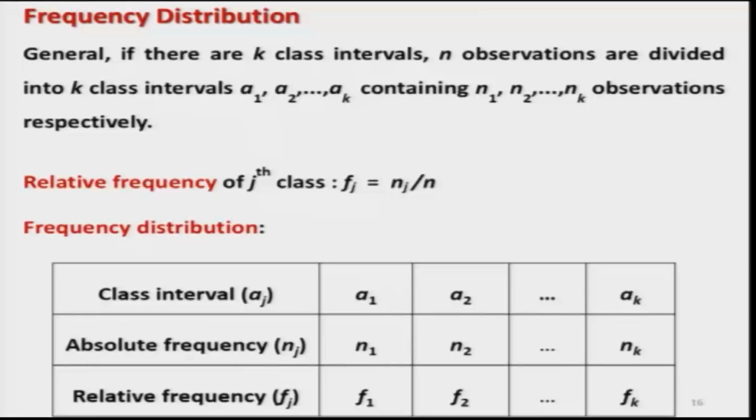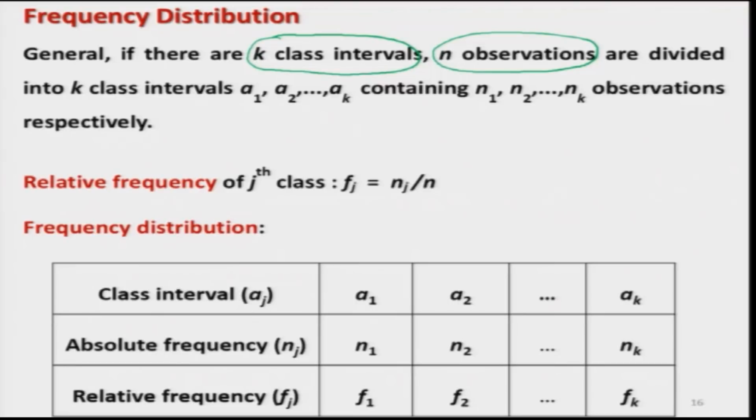Now, the same thing I can make general. Instead of 6 class intervals, I have k class intervals in general, and the total number of observations is n.